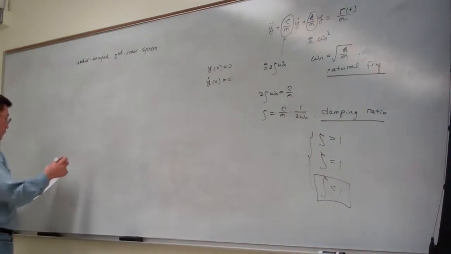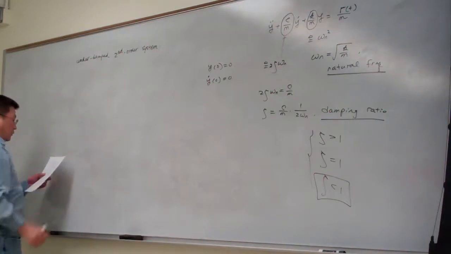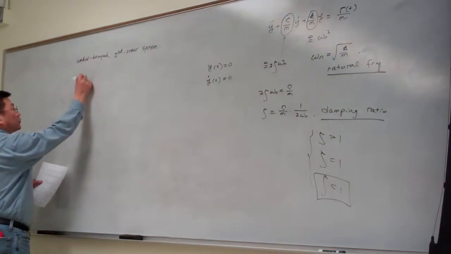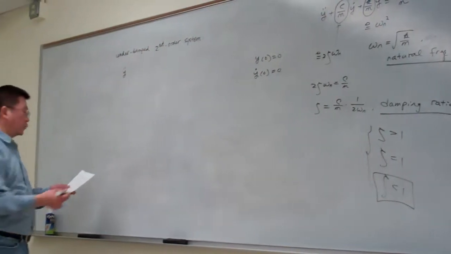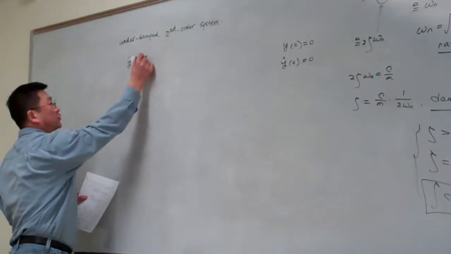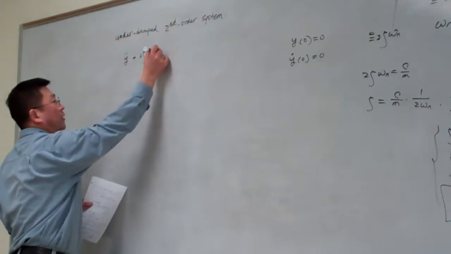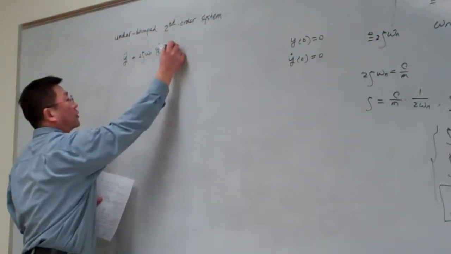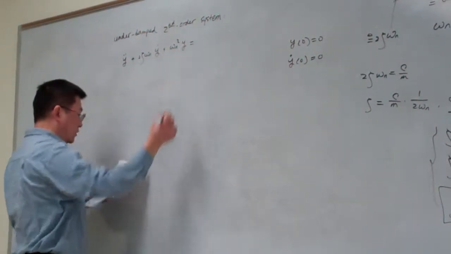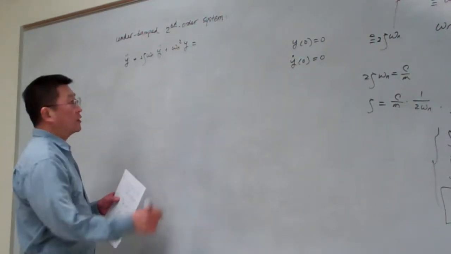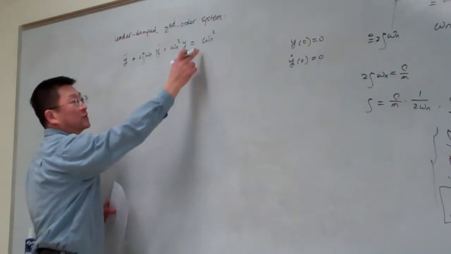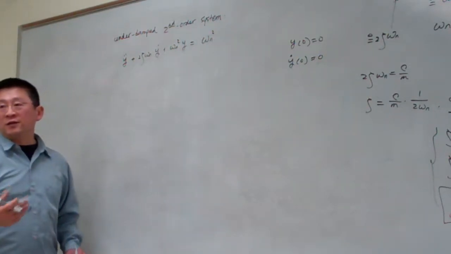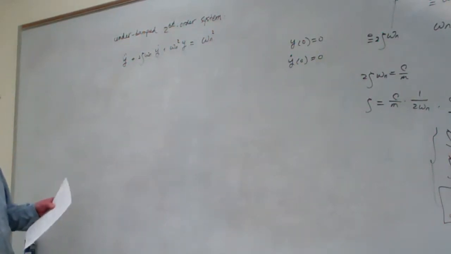Okay, so here we focus on this one. So for example, here let me follow the form provided by our textbook. y double dot plus 2 zeta omega n y dot plus omega n squared y. And here, for example, we take the right-hand side as omega n squared, but actually the right-hand side can be any term. Okay, here we simply take this one.